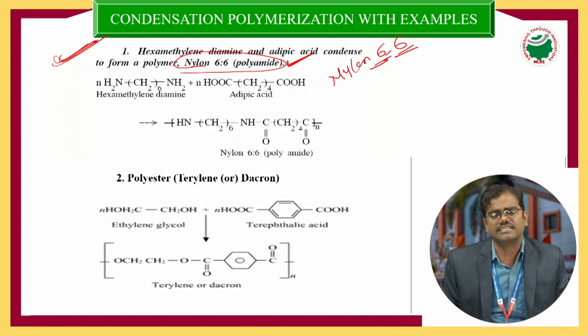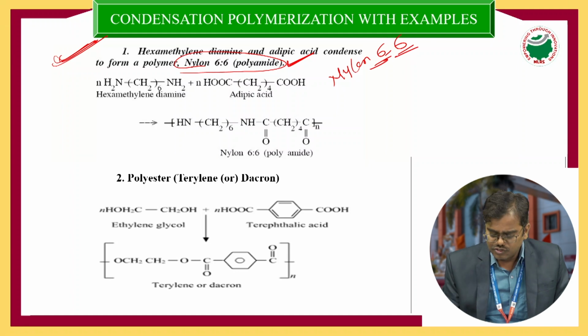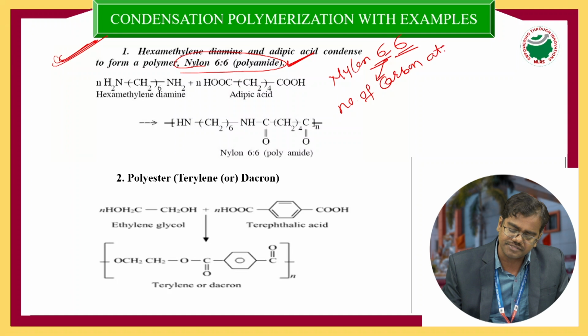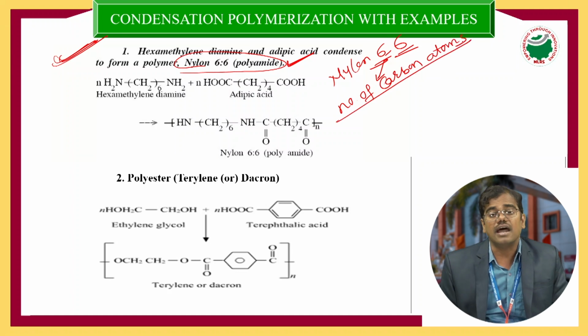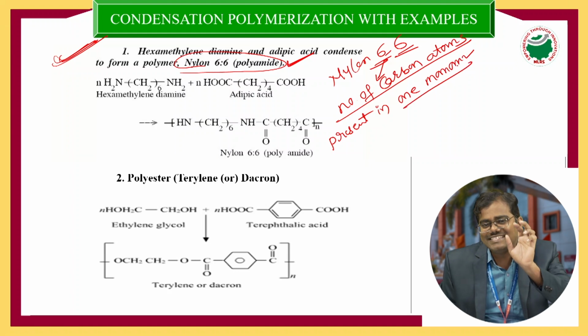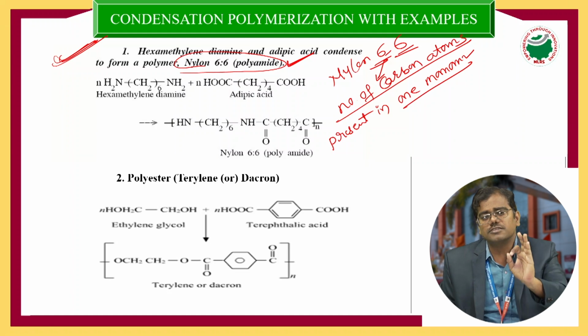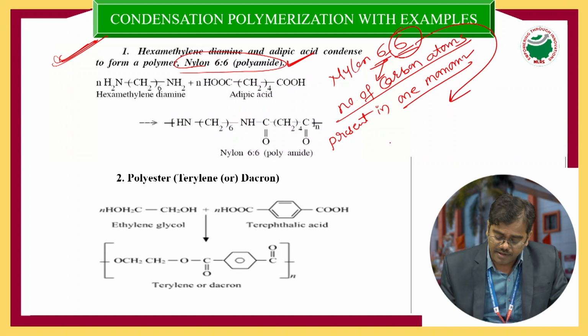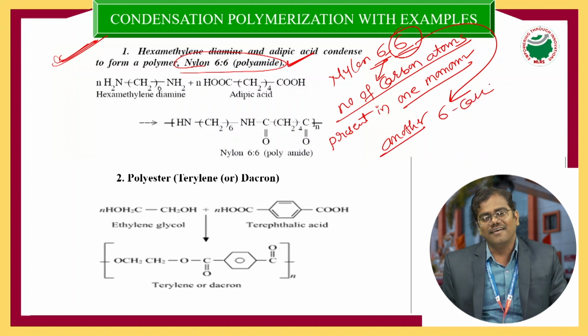What is meant by 6,6? One 6 represents the number of carbon atoms present in one monomer, and another 6 represents the 6 carbon atoms present in another monomer.